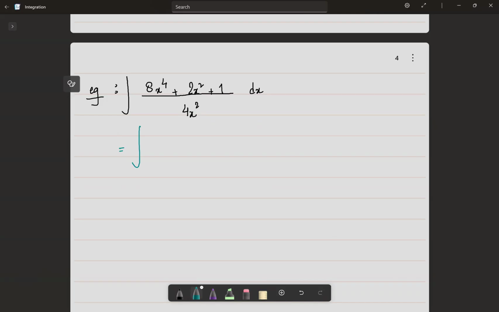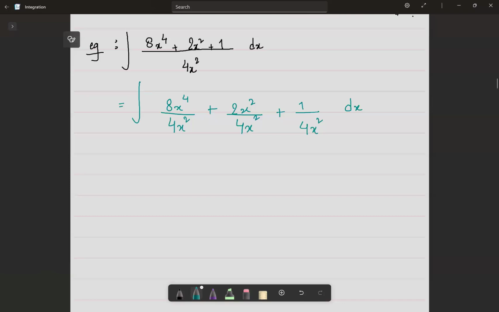So we can write this as 8x to the power of 4 divided by 4x square, then plus 2x square divided by 4x square, and then plus 1 divided by 4x square dx. So this can be simplified to 8 by 4, which can be written as 2, and then we have x square and x to the power of 4.